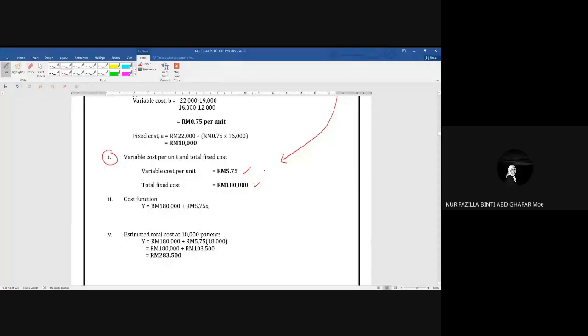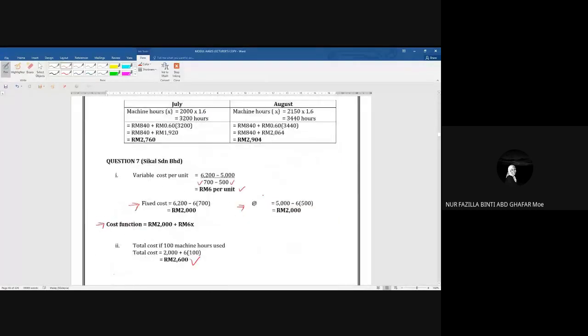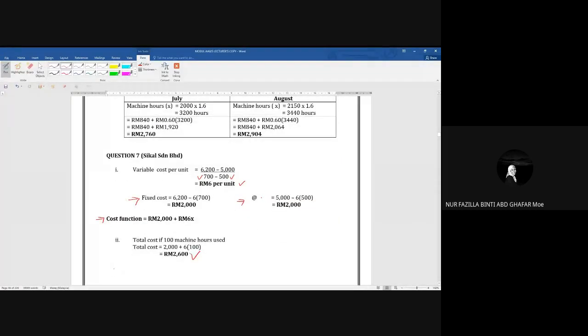Okay. Yeah. Yes, my dear. Question 3 kan yang Roman 3 kan? We have to calculate for mixed cost. Question 3. Bukan we have to kira utilities sekali ke? Maksudnya macam mana tu? Because we only calculate wages and salaries. Tapi mixed cost kan ada dua, wages and salaries dengan utilities.